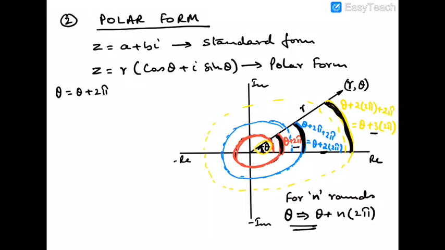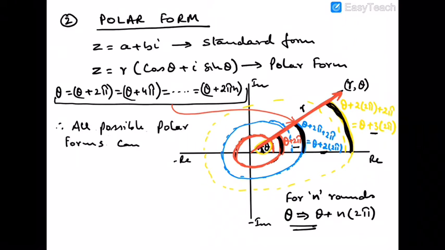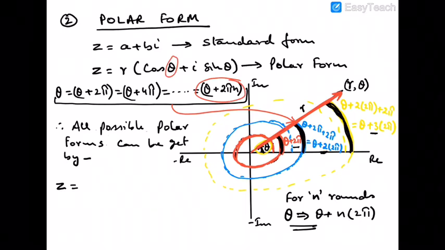So we can get an infinite number of polar forms for the same complex number by taking all these values of theta and putting them in our polar form, as all of these thetas are making the same angle between the positive real axis and this line segment for the complex number. Therefore, all possible polar forms can be obtained by putting the value of theta for the nth round, that is theta plus n times 2 pi.